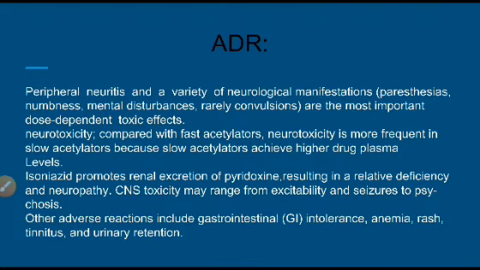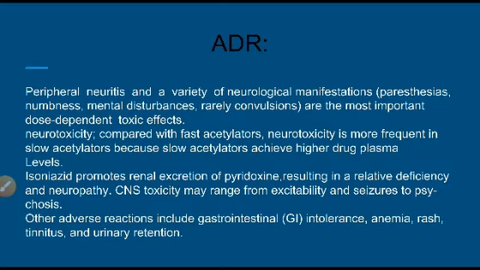Now we'll see some very potential ADRs that isoniazid is producing. Usually it is well tolerated, but the ADRs are usually peripheral neuritis, paresthesias, numbness, mental disturbances, rarely convulsions, and most of the time these are all dose dependent effects.